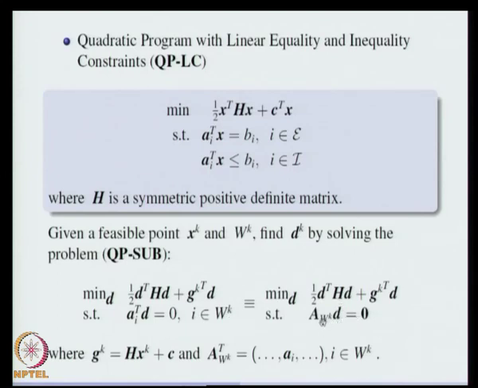The suffix Wk means that we pick the ai's based on those indices in the working set and put them in the form of the rows of the A matrix, or the columns of the A transpose matrix. This compact form of the subproblem we are going to denote as QP sub. So, at every iteration we need to find the working set and then solve QP sub.